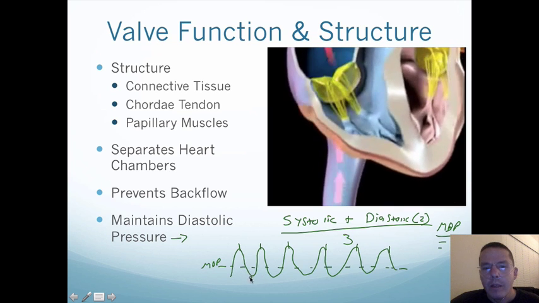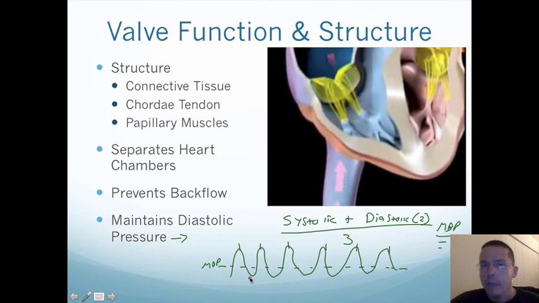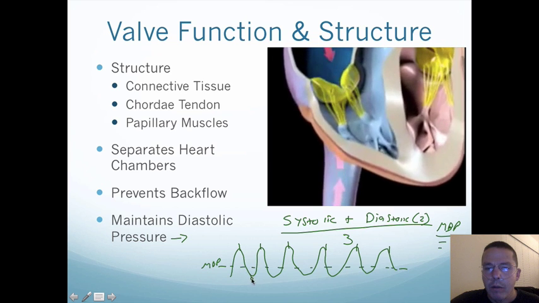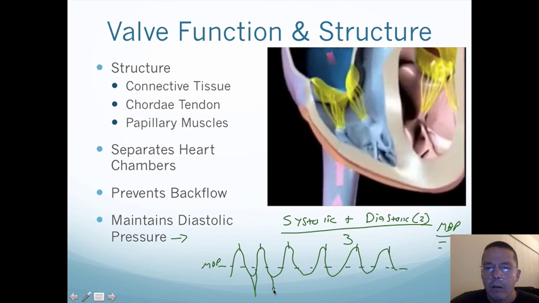Now, if you consider that the diastolic pressure is lower than it should be because of a valve malfunctioning, then consider that the pressure goes all the way down, then comes back up, and all the way down, and then comes back up.